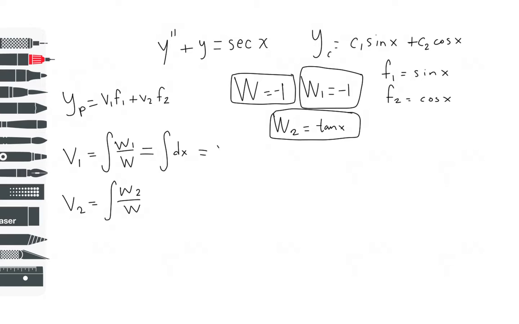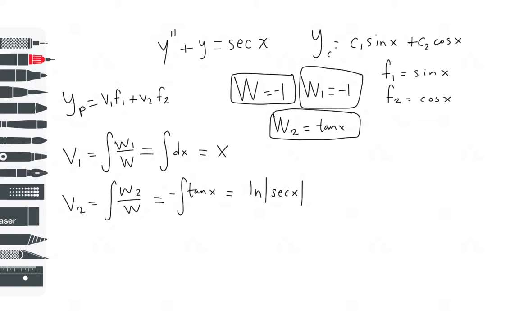That means v1 is equal to x. For v2 we get tangent of x over negative 1, so that's just a negative outside of the integral. The integral of tangent x is equal to ln secant x.